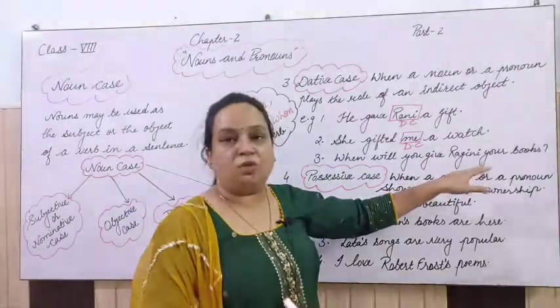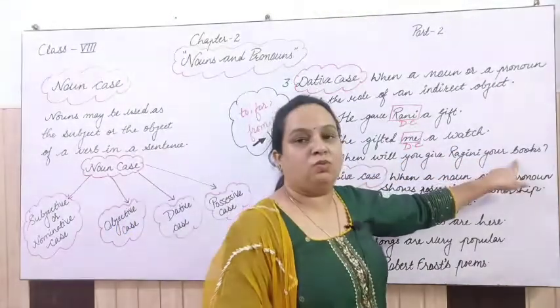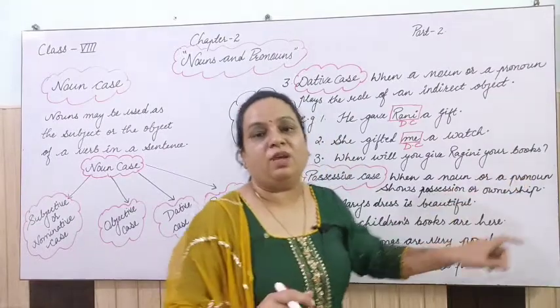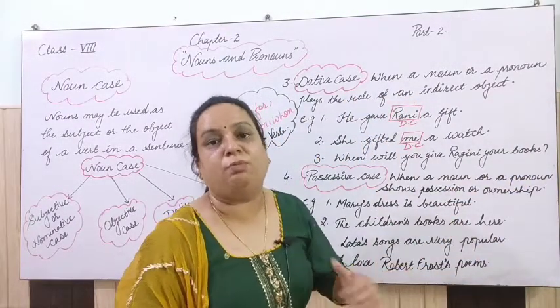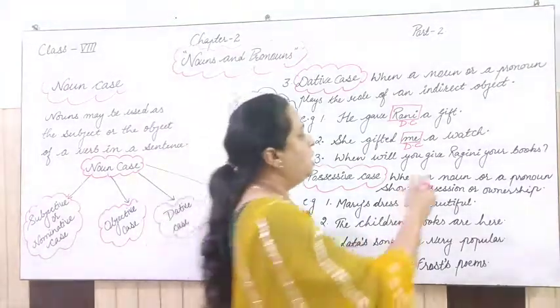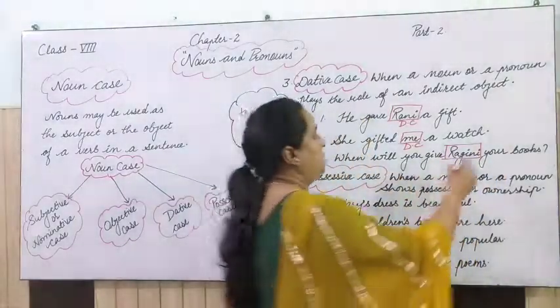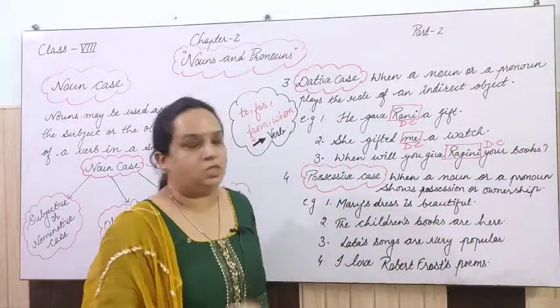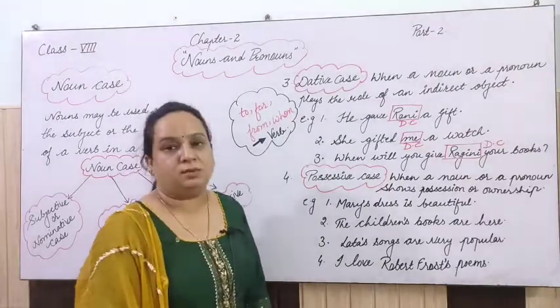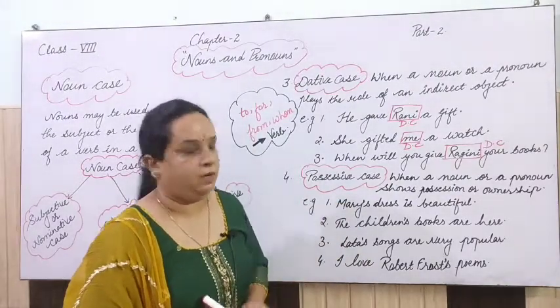So after give, you have to look for the objects. The first one is Ragini and the second one is your books. And when we are looking for the dative case, it is indirect, meaning persons, meaning receivers. So who is the receiver? Receiver is Ragini here. So that is dative case, right? It's quite important, quite interesting, very easy one, but you have to look and understand it carefully.